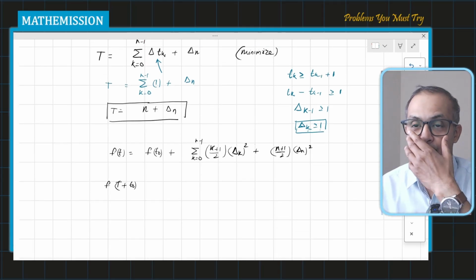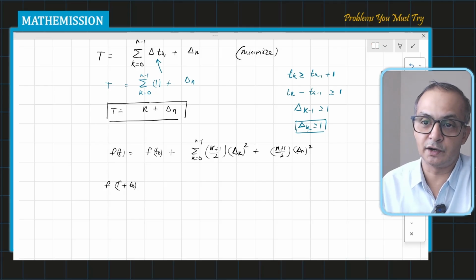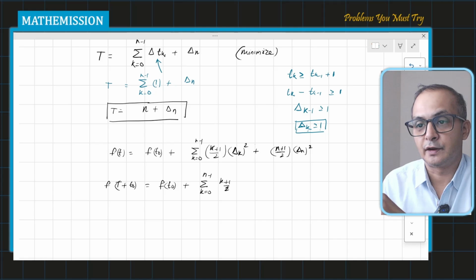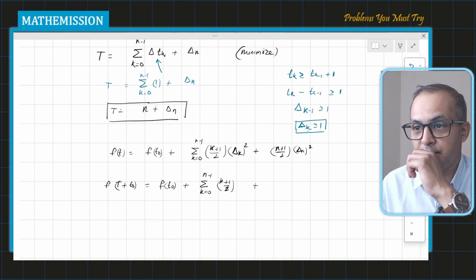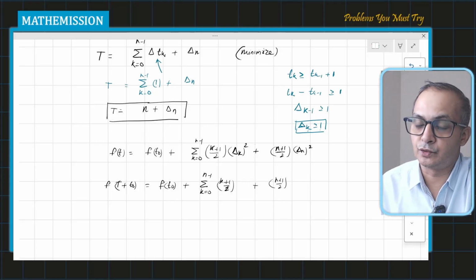It means I am trying to achieve that small t. So I'm getting f of T naught plus the summation, and here I'm writing k from 0 to n minus 1 of k plus 1 by 2, and that is going to be 1 each of them, plus n plus 1 by 2 delta n square.